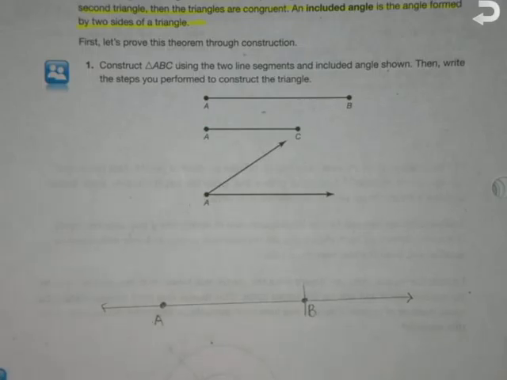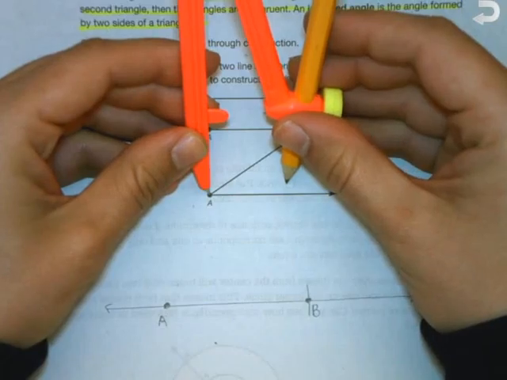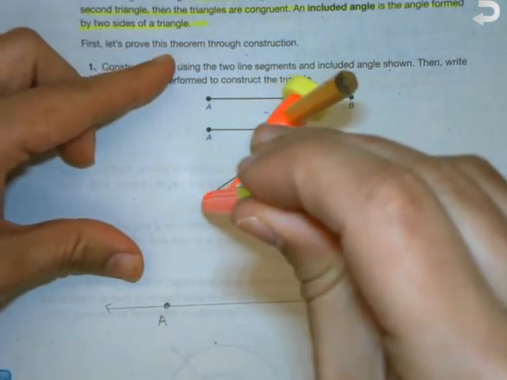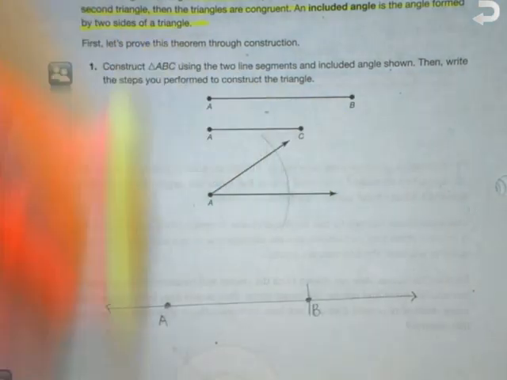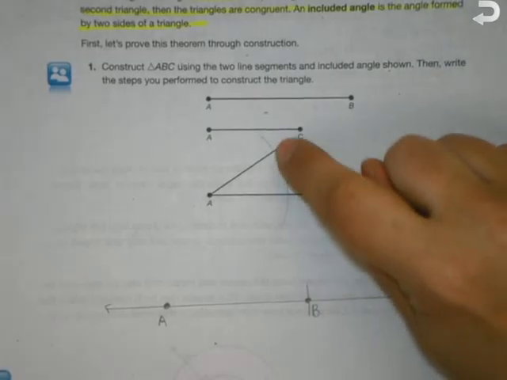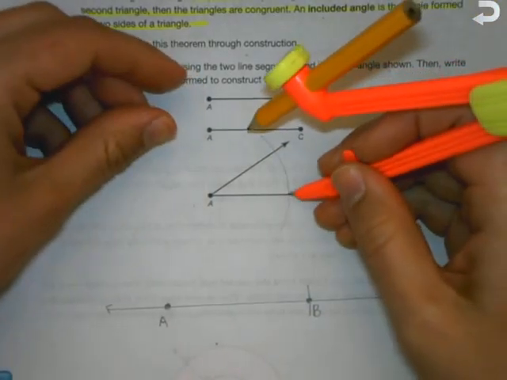Does anybody remember how to copy an angle? Any ideas? Yep, we pick a point. So on the angle, we have to draw an arc that goes through both sides of the angle. So do that. And then we have to measure this part right here. So we have to look at the distance between the two intersection points.